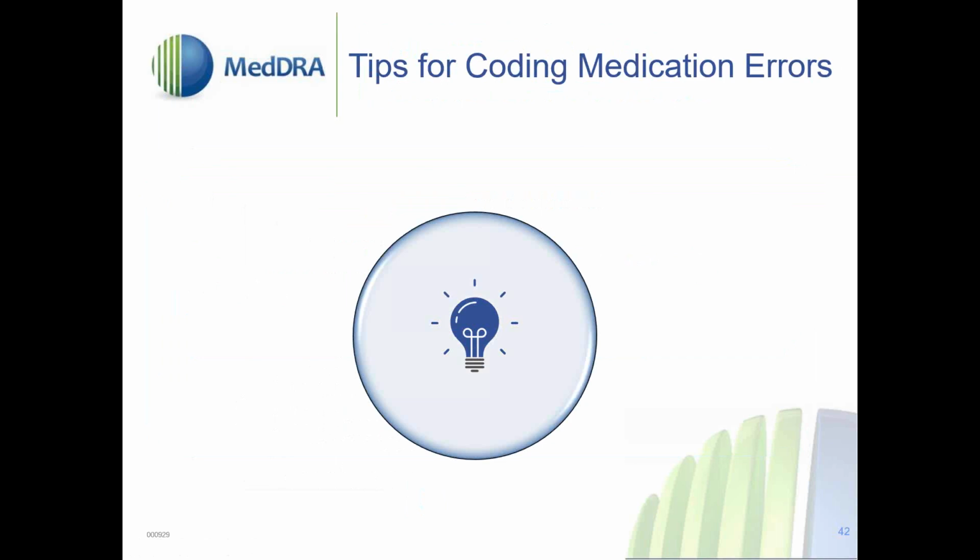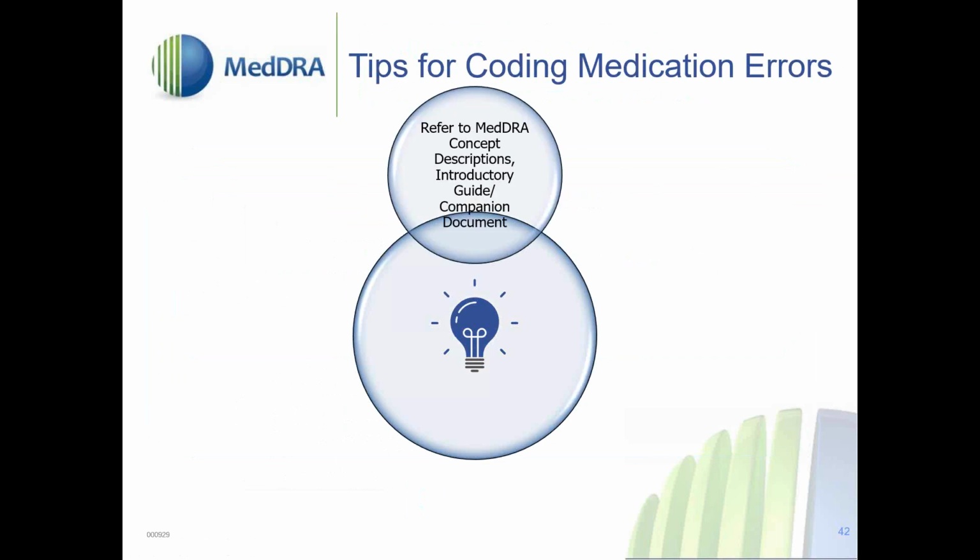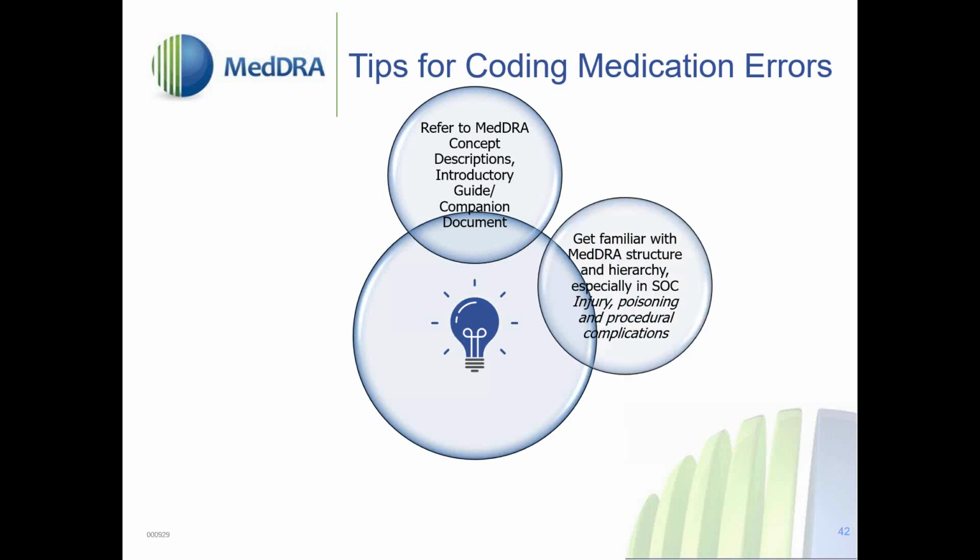For coding product use errors and problems, the following tips may be helpful. First and foremost, you should be familiar with the MedDRA concept descriptions and the PTC guidances, the points to consider documents, the companion document, and the MedDRA term selection points to consider document, so that you know where to find more detailed information, more guidance to achieve accurate and consistent coding.